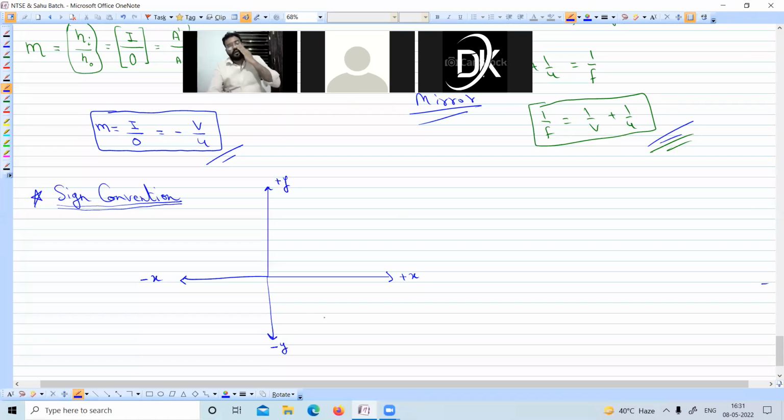Linear equations, two equations, intersection point, many of the things we have studied in mathematics. So ultimately, you will very well know about the Cartesian coordinate system.